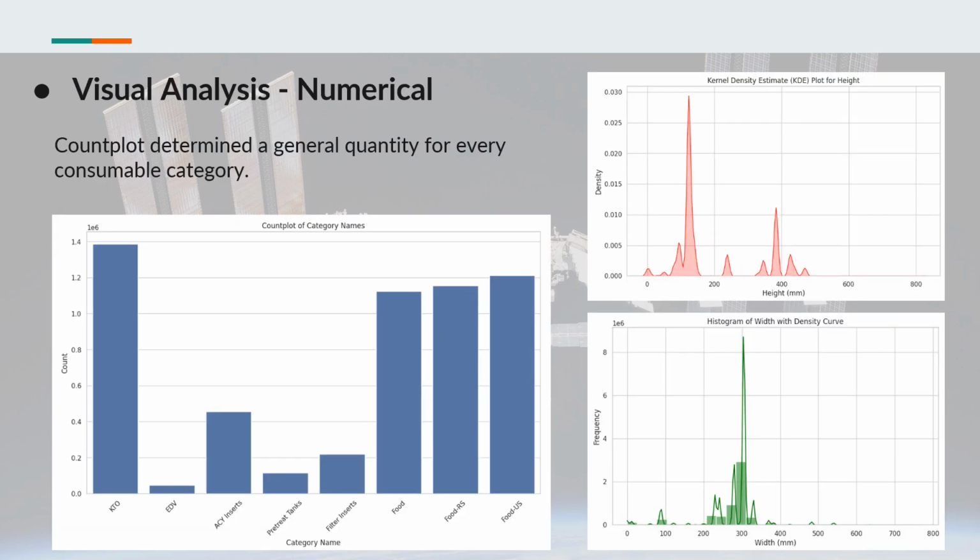So the numerical and categorical columns were something that we first needed to distinguish between.